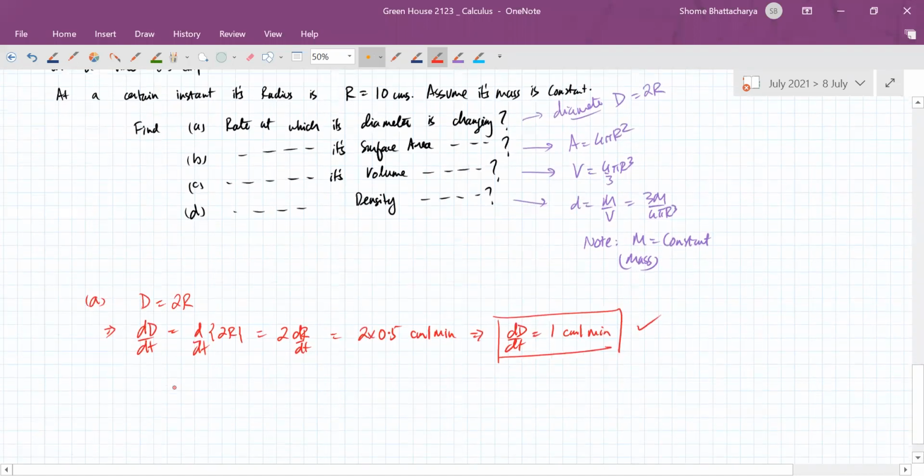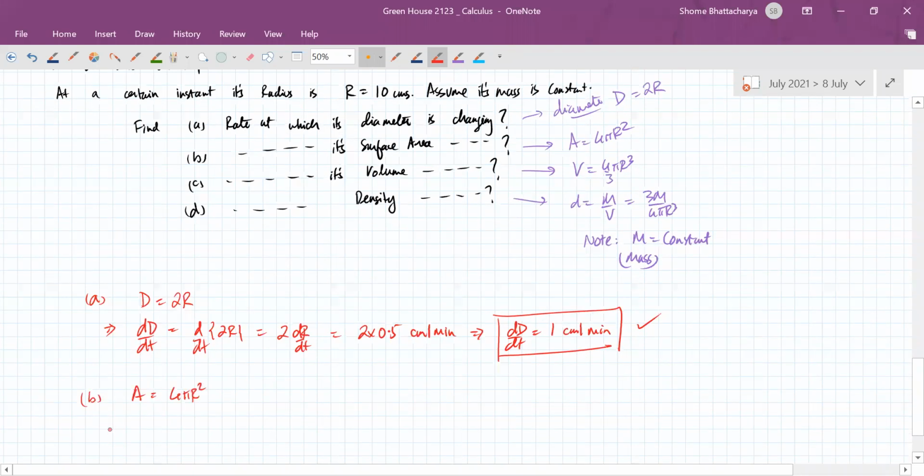Likewise, the surface area is 4 pi r square. So rate of change of surface area will become 8 pi r into dr by dt.